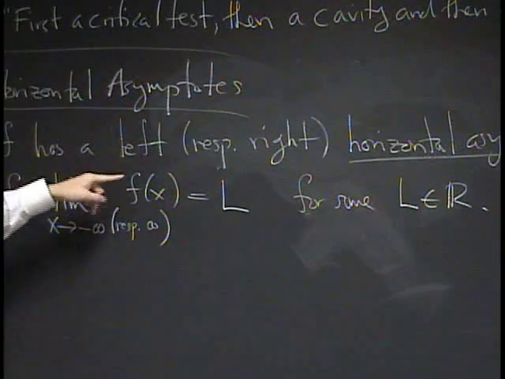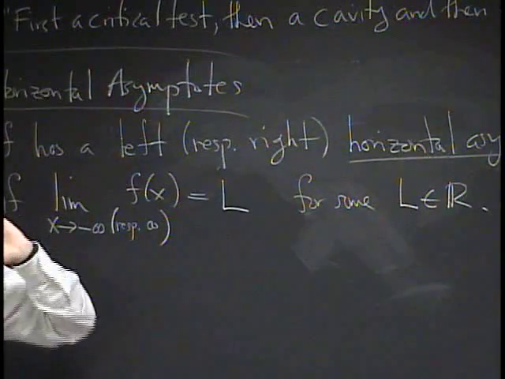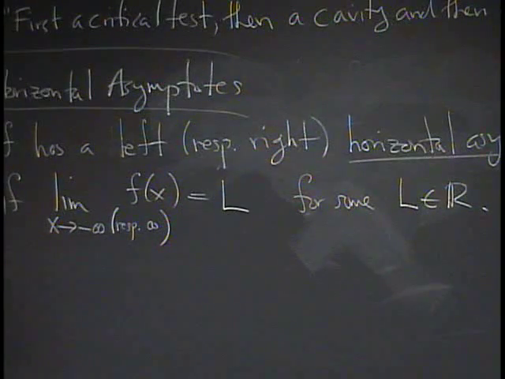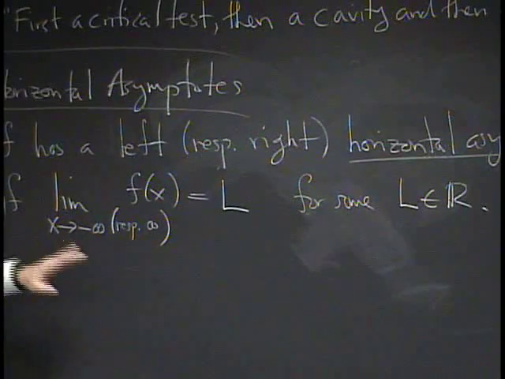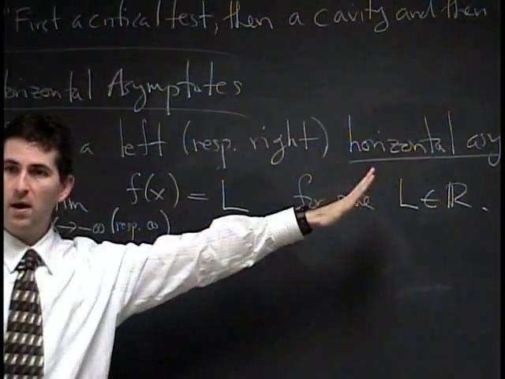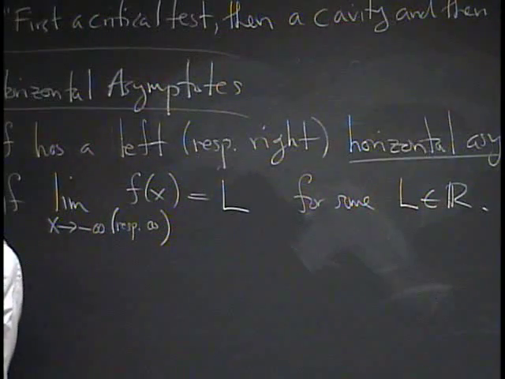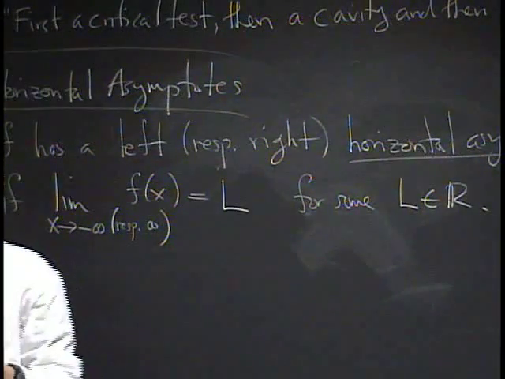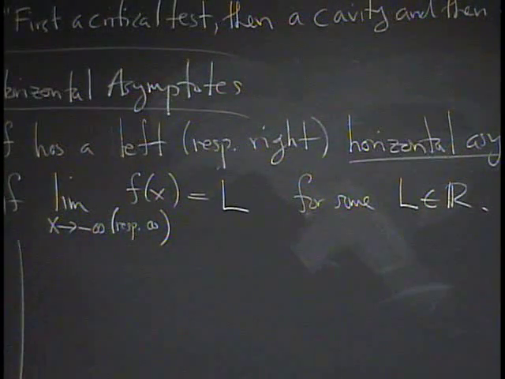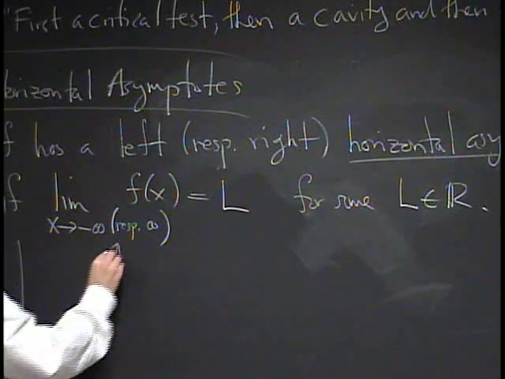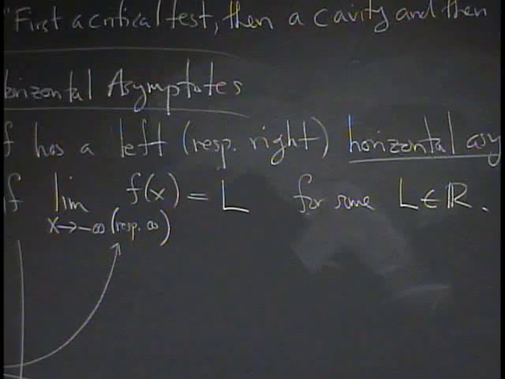Notice I don't underline the left or the right because this is non-standard terminology. You won't find that in the textbooks. I just think it is nice to differentiate between the two and to recognize that if you have a horizontal asymptote, that only refers to one side of the graph, right? If I, for instance, think of e to the x, you have a horizontal asymptote on the left.